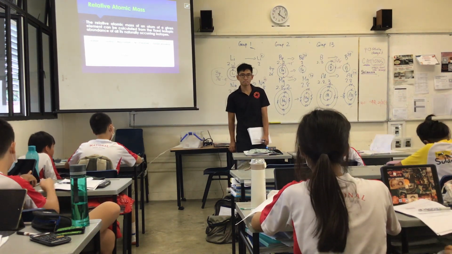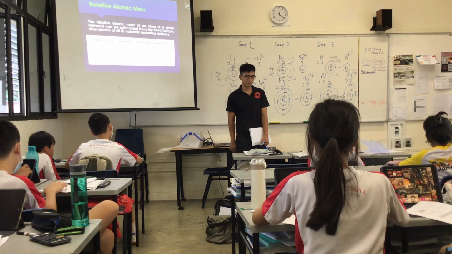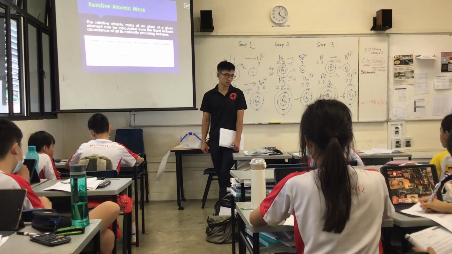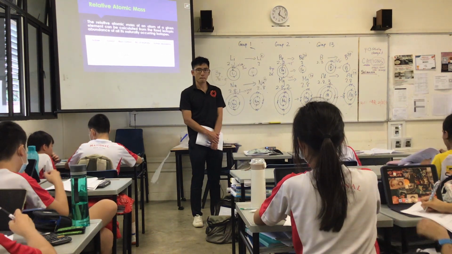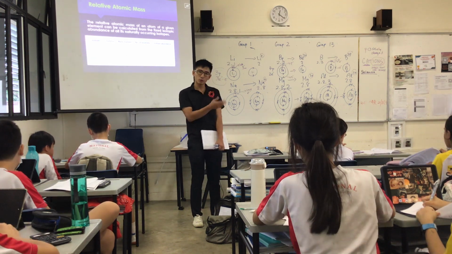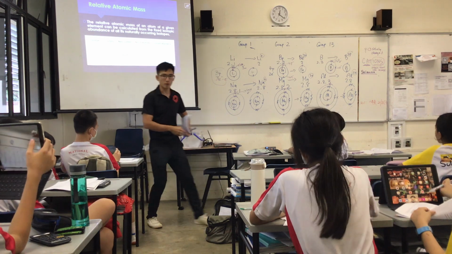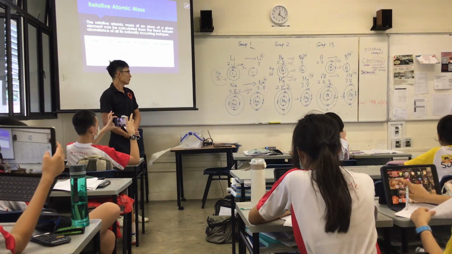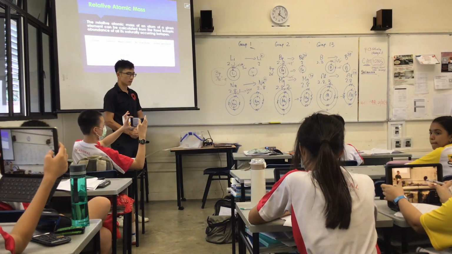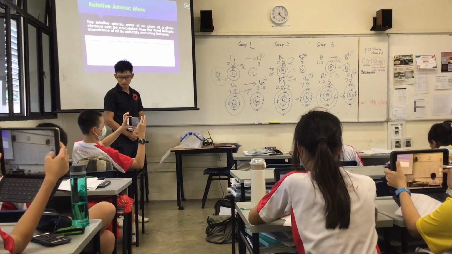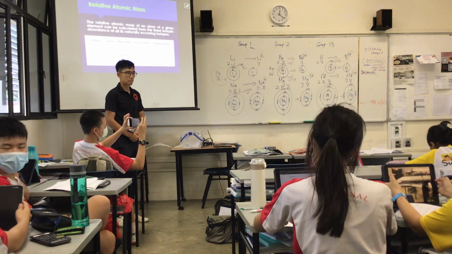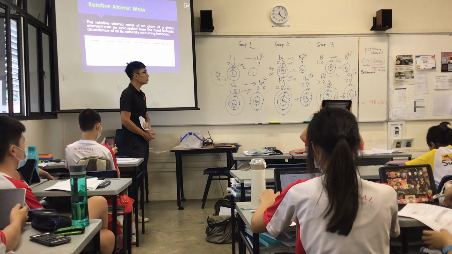We'll calculate. You can take a photo of this. I don't think it's in your textbook, but I just want to show you a very full example. Okay, so those in group 1, 2, and 13, yes.